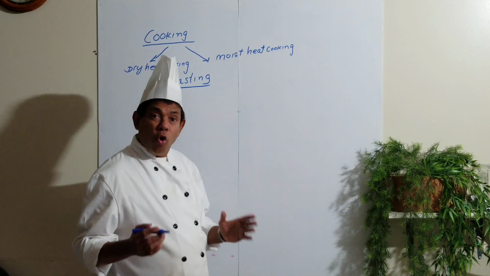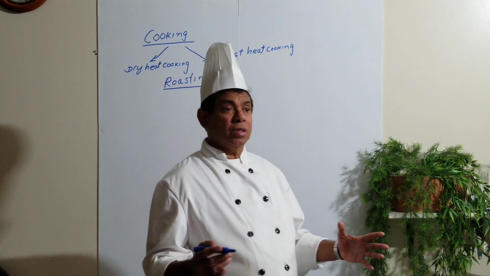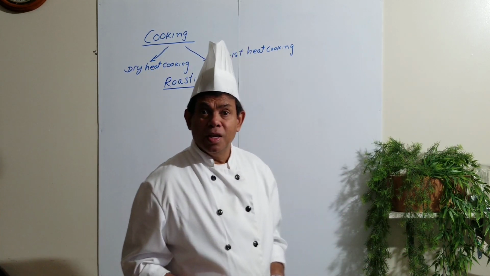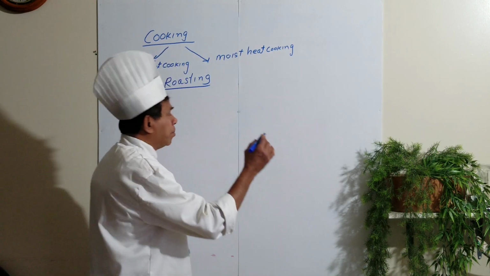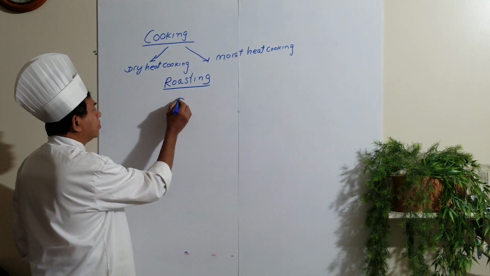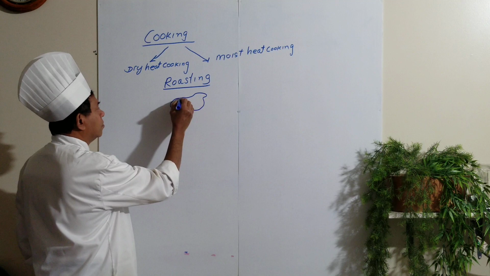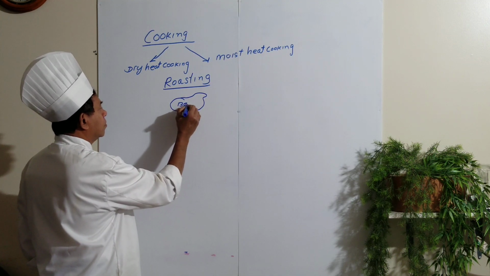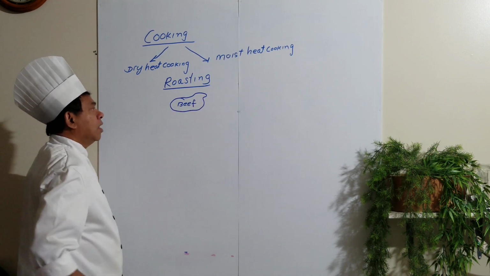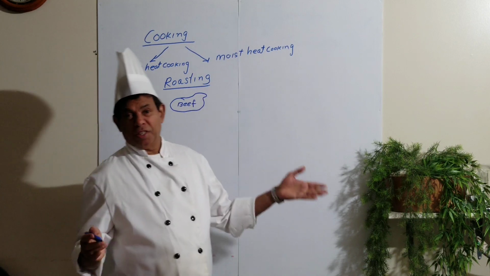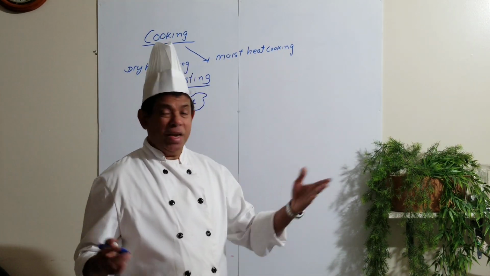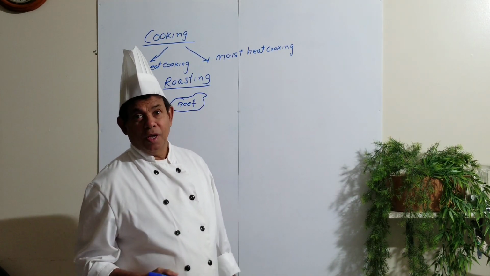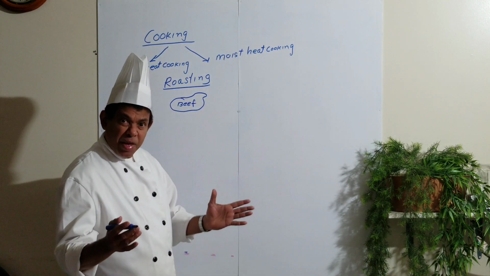So when you do the roasting, let's take beef first. Either beef, chicken, lamb or anything, you can do roasting. So first of all, take the beef.